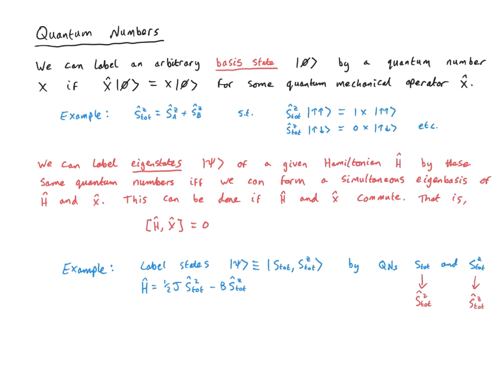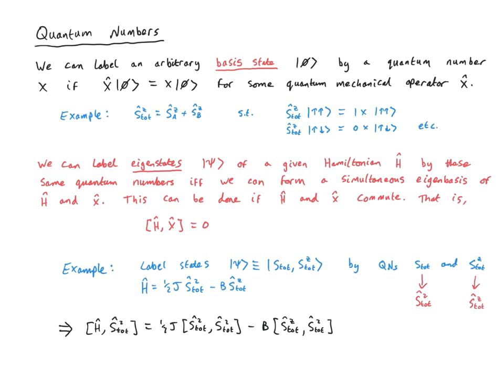Now, for a given Hamiltonian, for example the one that I've written down here from earlier in the lecture, we can check to see whether our quantum number operators commute with this Hamiltonian. In the case of the quantum number corresponding to the total spin, s total squared, the commutator with the Hamiltonian takes the following form.